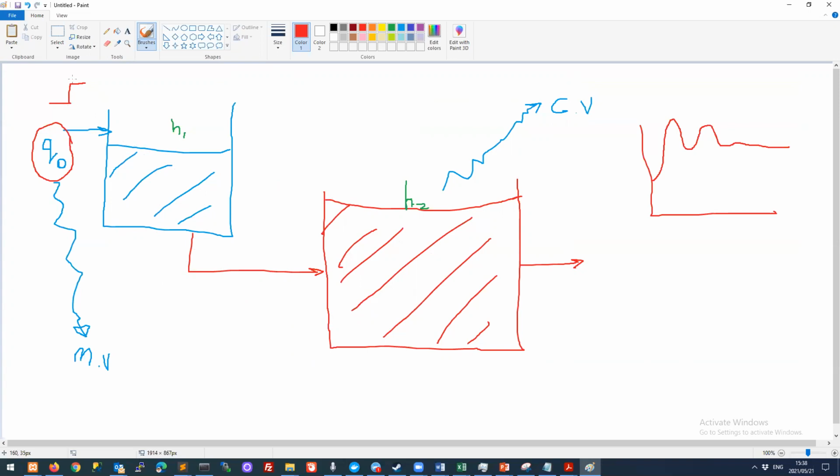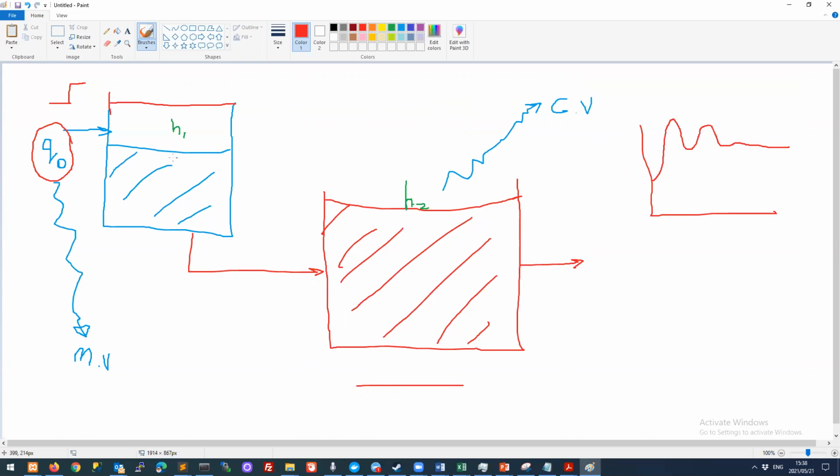And so when you step increase here, maybe the height goes too high here, and then suddenly you are blasting down a much higher flow rate here. So this part of the process is not ready for this extent. So suddenly the height kind of overshoots the steady state here, right?